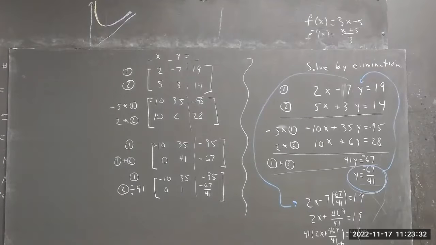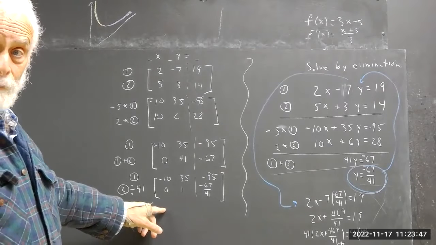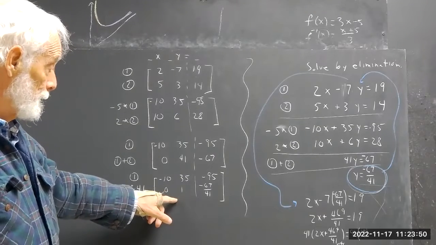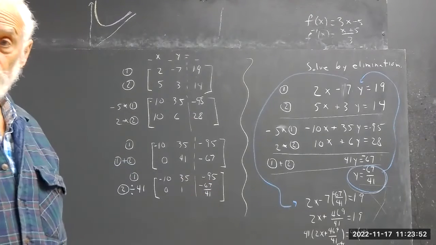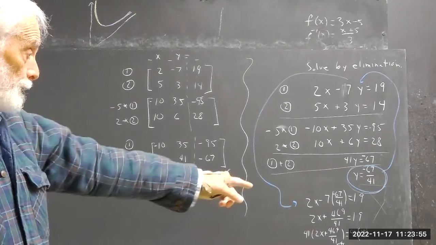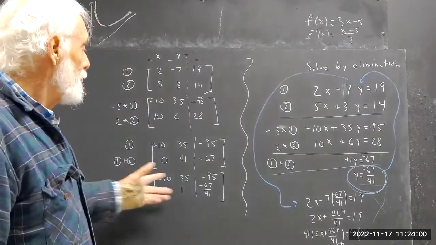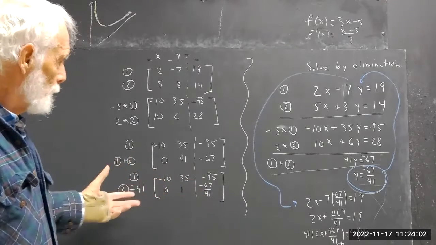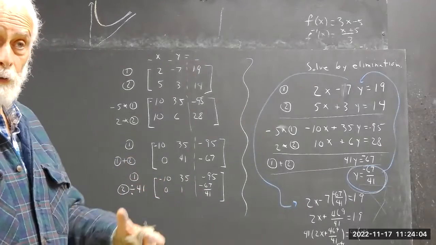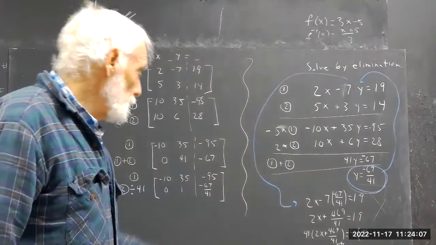And this. Now, what does this stand for? This stands for x equals negative 67 over 41, which of course is the same solution we got here. Difference is I'm still keeping both of my rows here. I don't change. I mean, I always keep both rows.